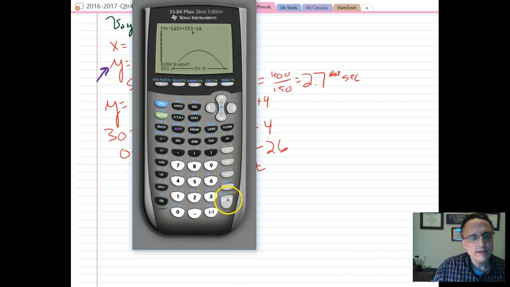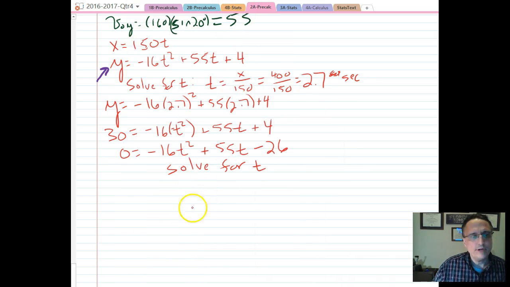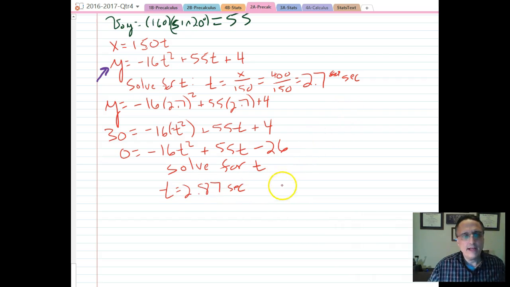I do that, hit enter, tell it to guess, and there it is. You can see hopefully it's 2.87. So t is equal to 2.87 seconds. That kind of makes sense because when you look up here, when the ball was directly above the fence, it was 2.7 seconds. So another 0.17 seconds passes and the ball then is at 30 feet above the ground, beyond the fence.